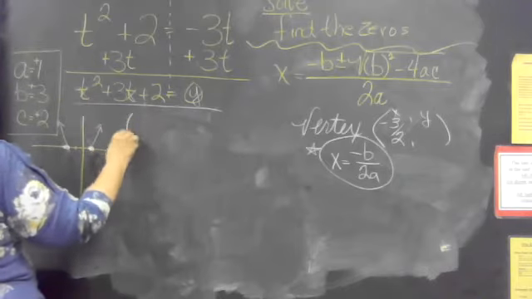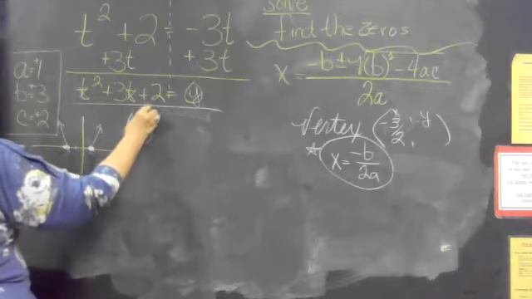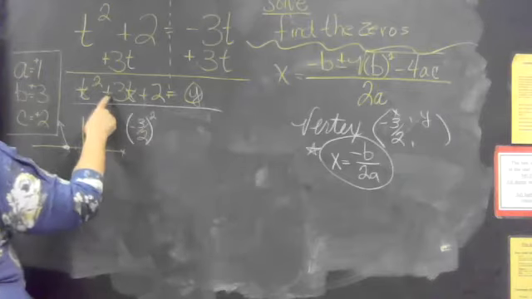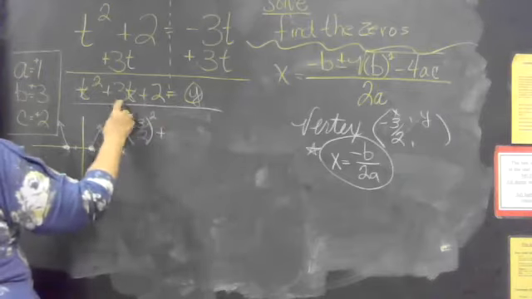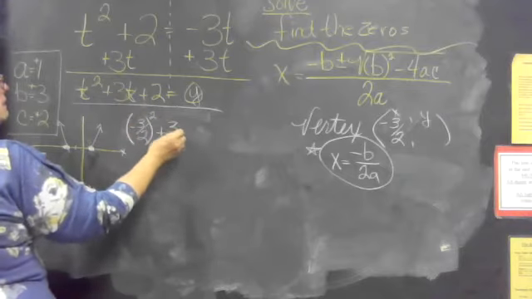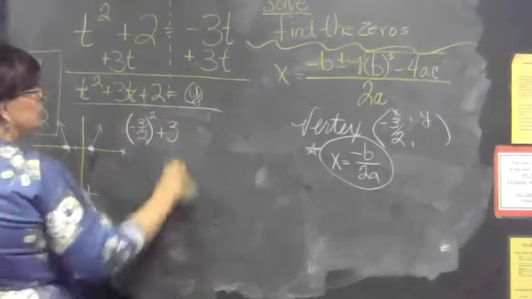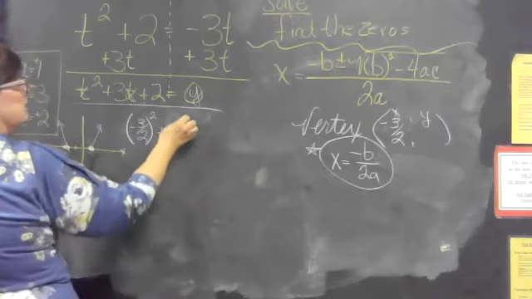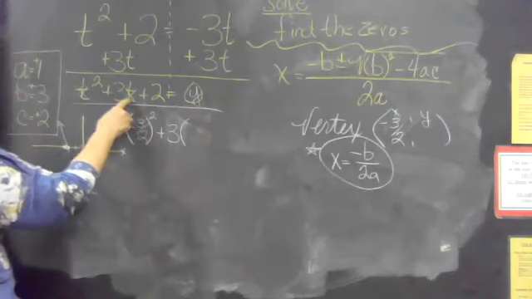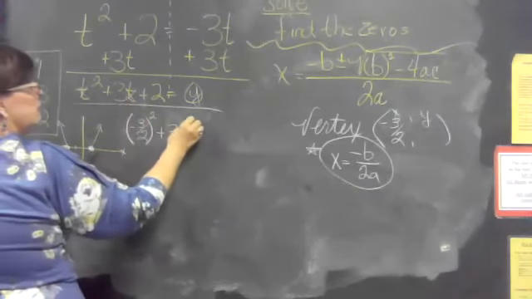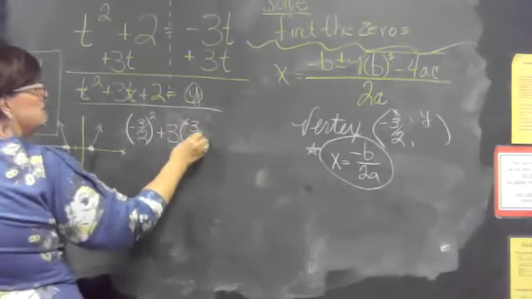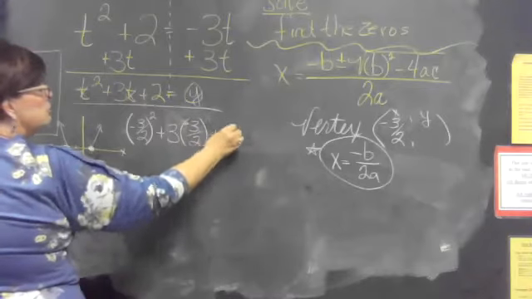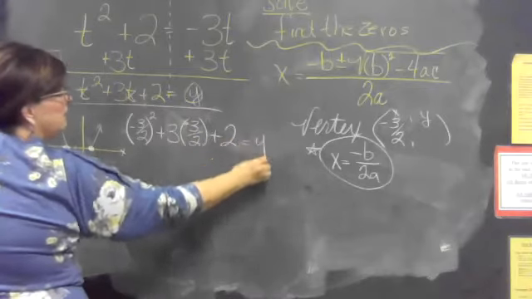Let's put x is a negative 3/2 squared plus 3. Let's just do 3 right now. Whatever x is, or t, or whatever, negative 3/2 plus 2 equals y.